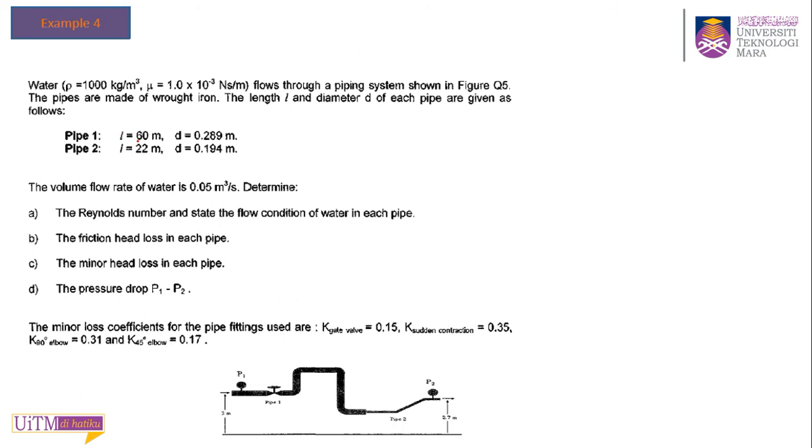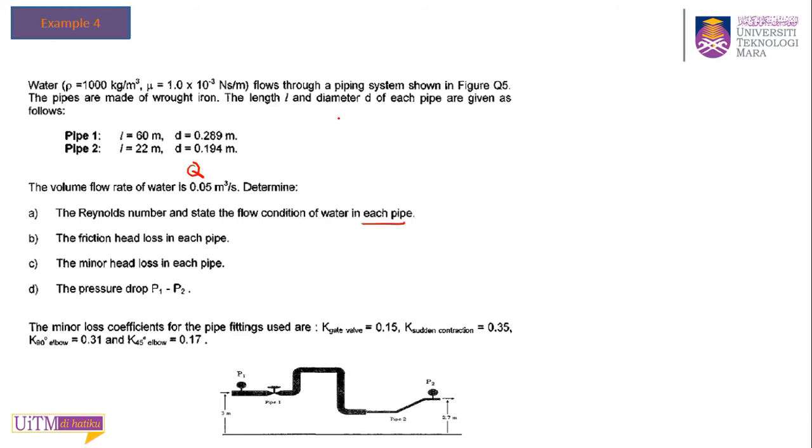One with length 60 meter and diameter 0.289, and the second one is 22 meter with diameter 0.194. They gave you the Q again. The volume flow rate of water is 0.05 meter cube per second. Determine the Reynolds number and state the flow condition of water in each pipe.